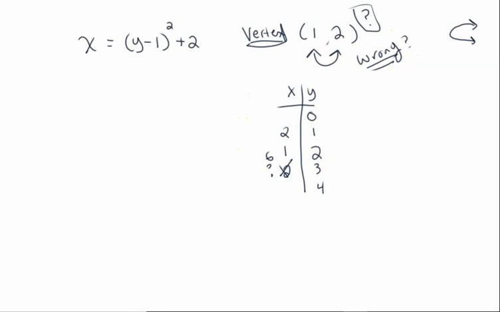Let me get a whole new paper and try that again. I'll go ahead and tell you that's what's up here. So let's see. What's my example? X equals y minus 1 squared plus 2. So maybe, just maybe, the vertex, since I switched the x and y, so be very careful about this, because I have the y here, this vertex will have a y value of 1 and an x value of 2.